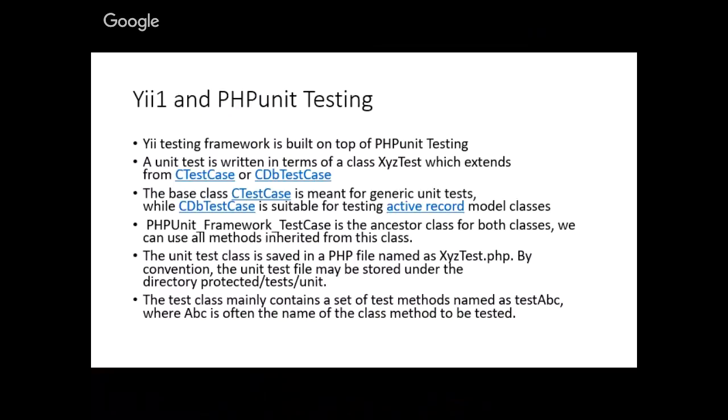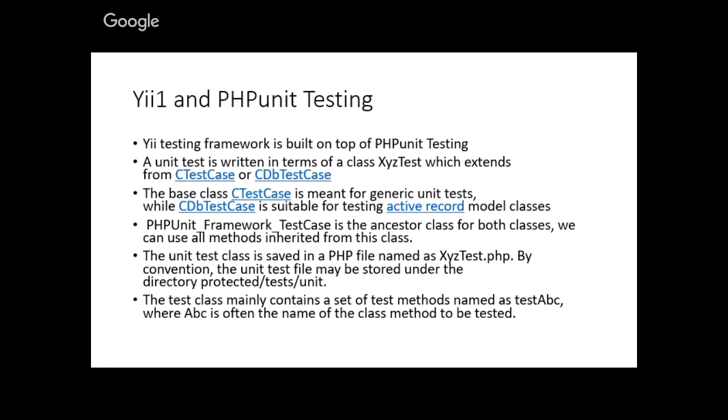So now what happens is when you are creating tests in Yii, you extend CTestCase and CDbTestCase. Remember when we were creating our test, we extended PHPUnit test. Now, in Yii, you extend CTestCase if you are just running tests on normal models that are not related to database.